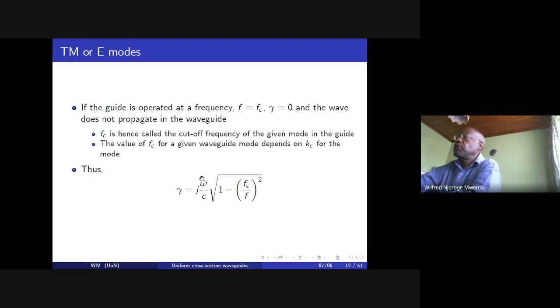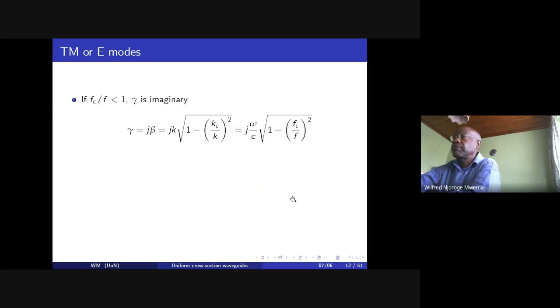So if Fc by f is less than unity, gamma is going to be imaginary and is going to be given by j beta, which is equal to jk root 1 minus Kc by k all squared, or we can replace that with the values for omega, that is omega c by omega here, and we get Fc by f all squared.